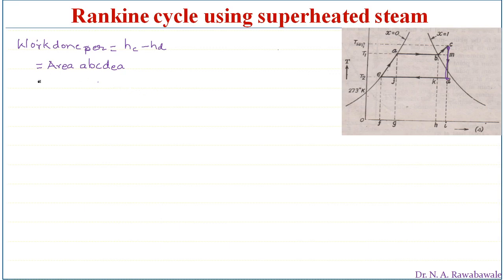So this area can be split into three areas. The first area is A, J, E, A, and the second area is this rectangle A, B, K, J, and the third area is area B, C, D, K, B. Again this is divided into two parts, triangle and rectangle.